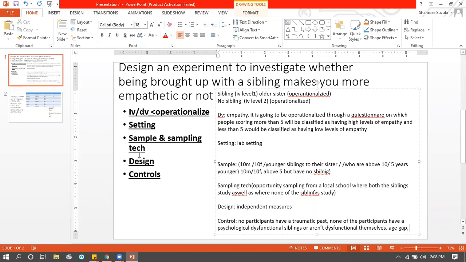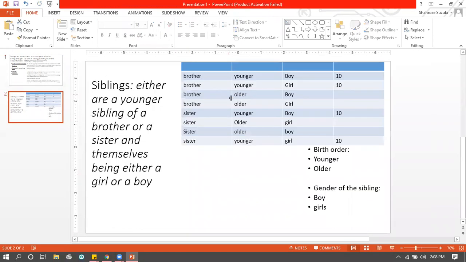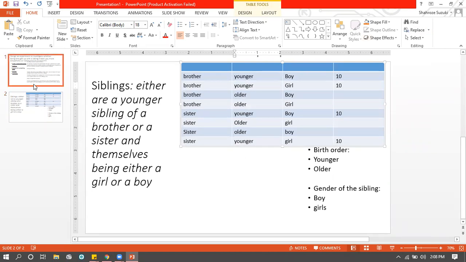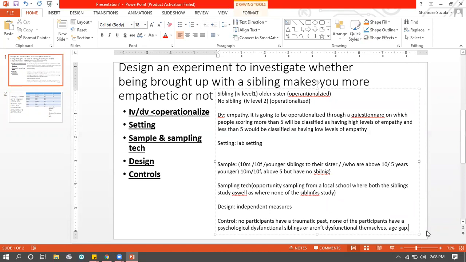You also control their birth order, because if we had a mixture of people who are younger and older, do you think they could have different empathy levels? Siblings who are older, so you kept it the same by keeping people who are younger in relation to their sibling.